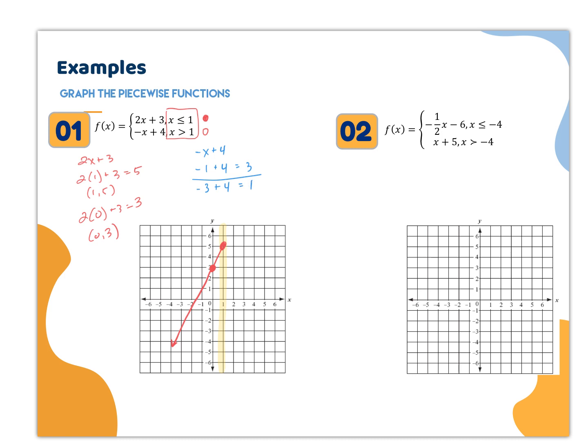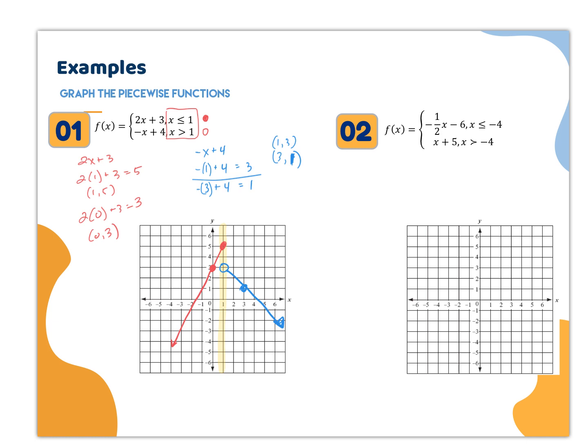So if x is 1, the output is 3, open circle. If x is 3, the output is 1, closed circle. Again, through any 2 points is a line, and there's my piecewise function.